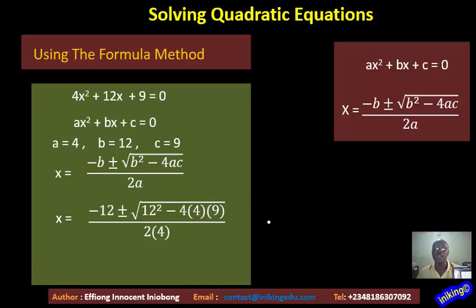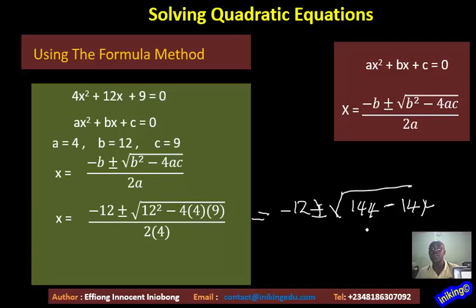Next, we try to simplify this further. This is minus 12 plus or minus the square root of 144 minus 36 times 9, which will give us another 144. If you divide this, we'll have 8. Of course, 144 minus 144 will be 0.